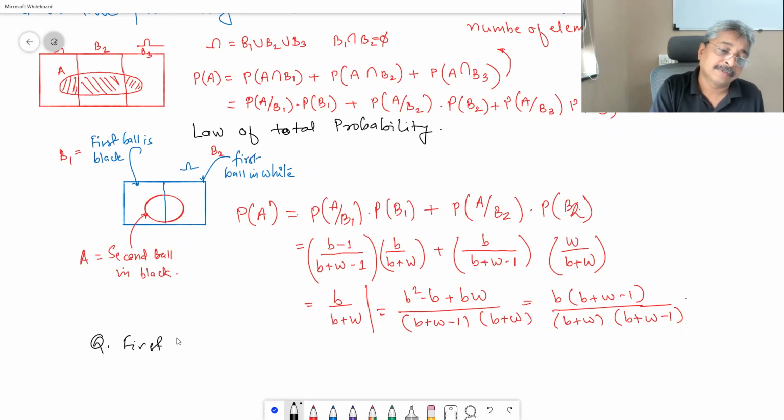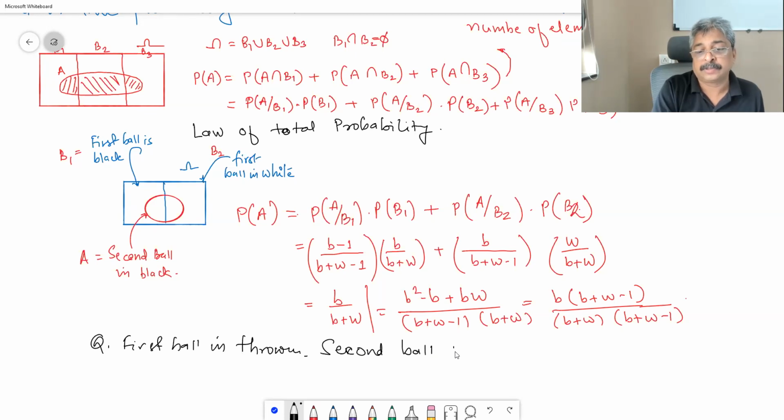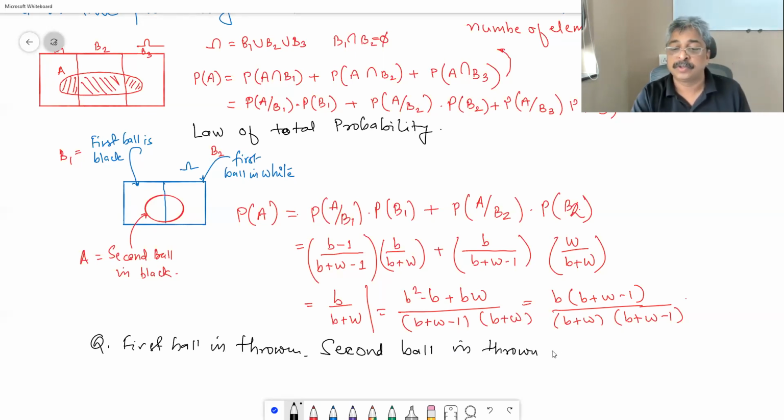First ball is thrown. Second ball is thrown. Both without seeing the color.